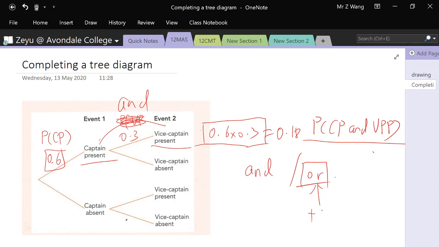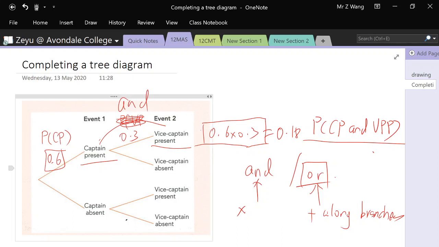We're adding along branches. Does that make sense? And then for and, we are really multiplying. Then just remember the adding up to 1 rule, and you have 10 numbers to fill up.